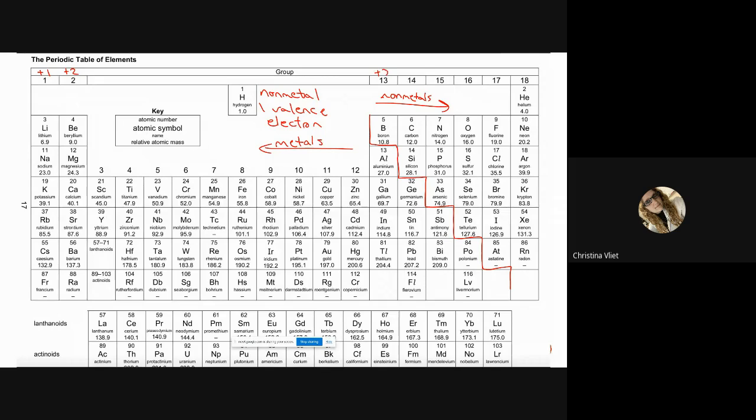On the other side, group 18 is 0. These are noble gases. They don't bond. They don't give away electrons. They don't receive electrons. They're chilling as is.